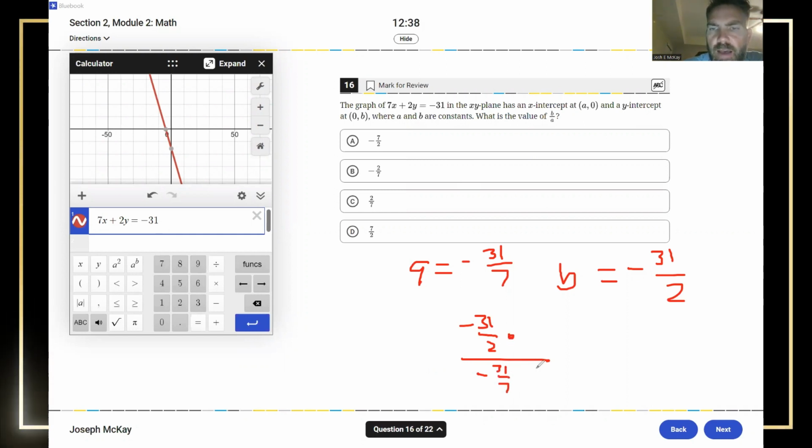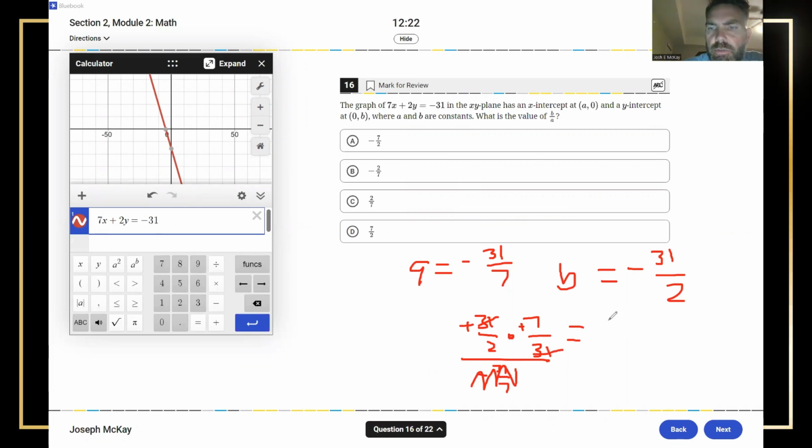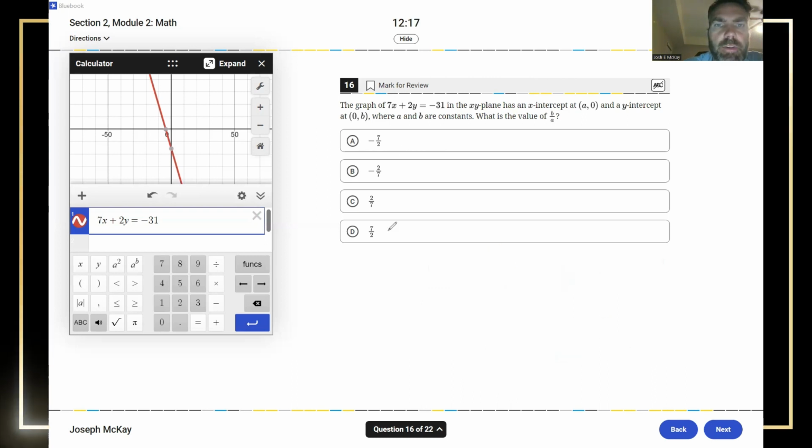We keep the top, change it to a multiplication problem, flip the bottom one over. I like to scratch out the bottom one. It's no longer there. These minuses will cancel each other. These 31s will cancel each other. And so 7 over 2 is going to be the answer here. Positive 7 over 2.